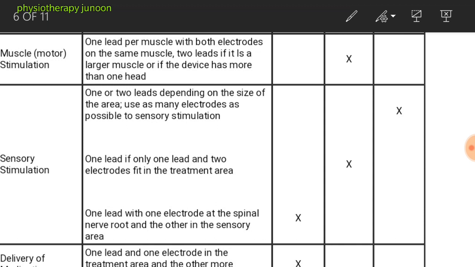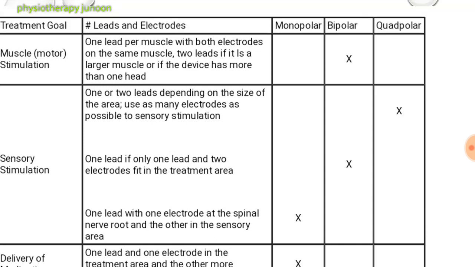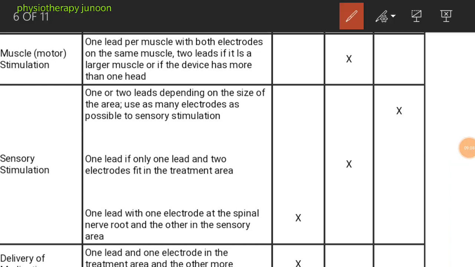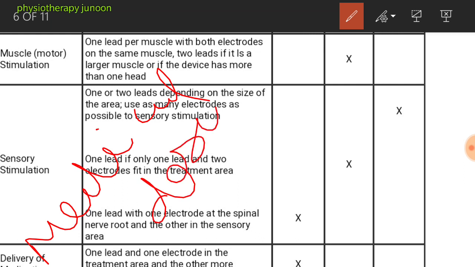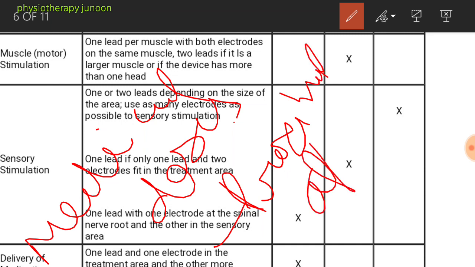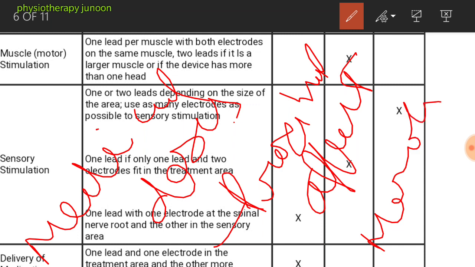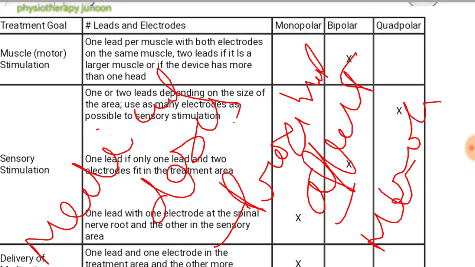Next is the delivery for the medical doses: one lead, one electrode in the treatment area and the other more proximal to the affected area. Here no use of monopolar, only bipolar or quadrupolar.